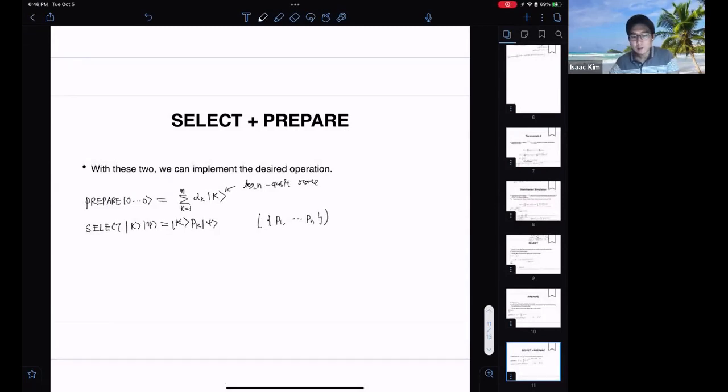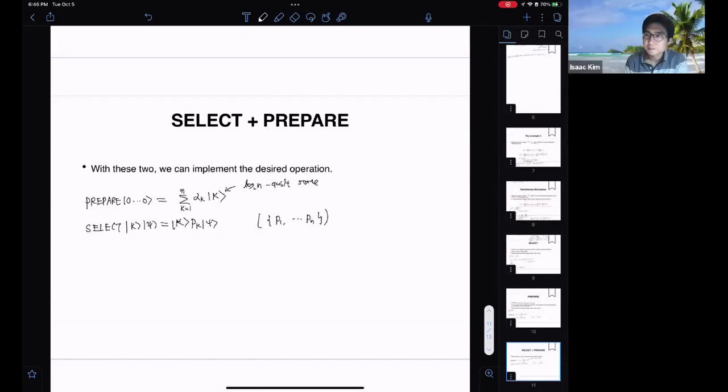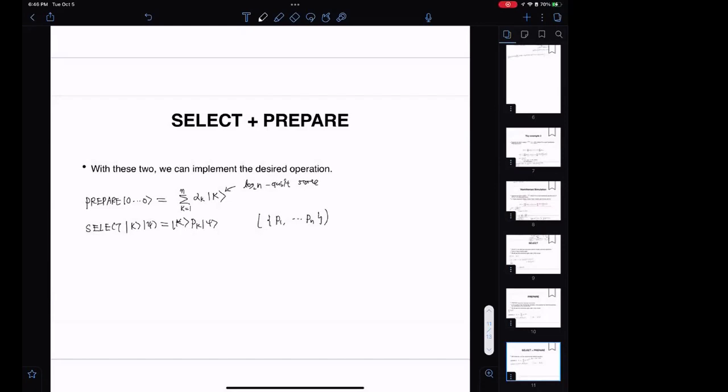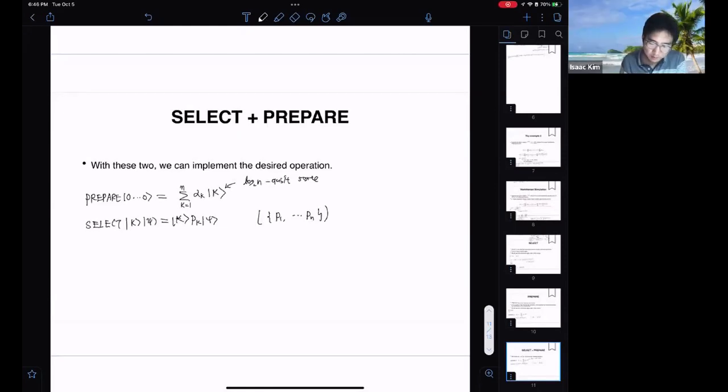These alphas depend on the context, but sometimes they encode information about the coefficients of the Hamiltonian, and sometimes they encode information about the Taylor expansion of this e to the minus iH delta t. But they are arbitrary. Right.